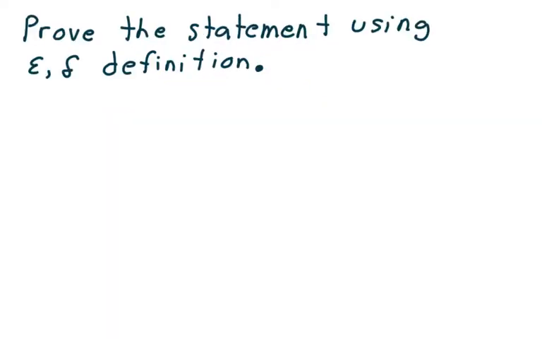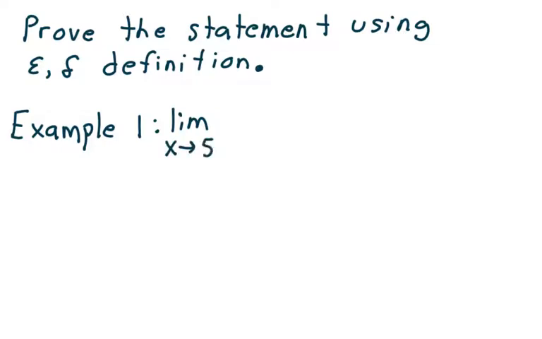And so we're going to prove the statement using the epsilon delta definition. We're going to start off with example 1. Example 1 says the limit as x goes to 5 of 3 halves x minus 1/2, we're going to prove that that equals 7.